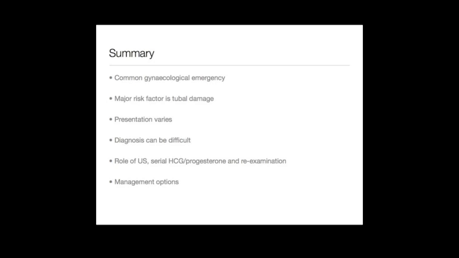We've also shown that while ultrasound can be very helpful and give a definitive diagnosis either way, there are situations where you cannot be sure about the diagnosis. And in this setting, it's important to do repeat ultrasounds, serial beta-HCG and progesterone, and frequent re-examinations. Finally, we've considered some of the important medical and surgical options for the management of ectopic pregnancy.